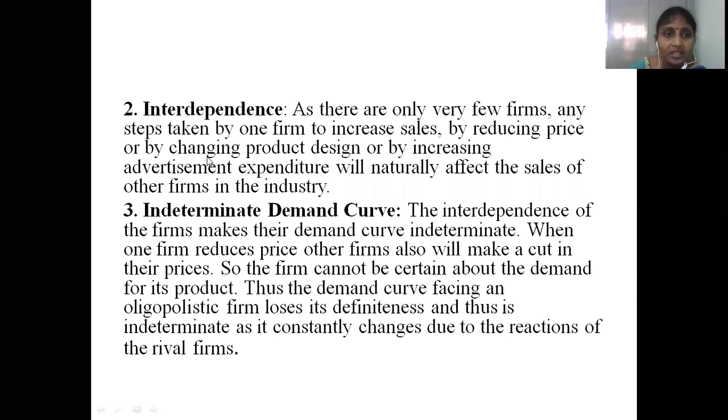How am I going to attract the consumer? By reducing the prices, by making the product more attractive, that means changing the design of the product, or by increasing the advertisement expenditure. If you want to attract the consumer, you have to invest more in advertisement and create more innovative ideas for it. Naturally, this will affect the sales of the firms in the industry.